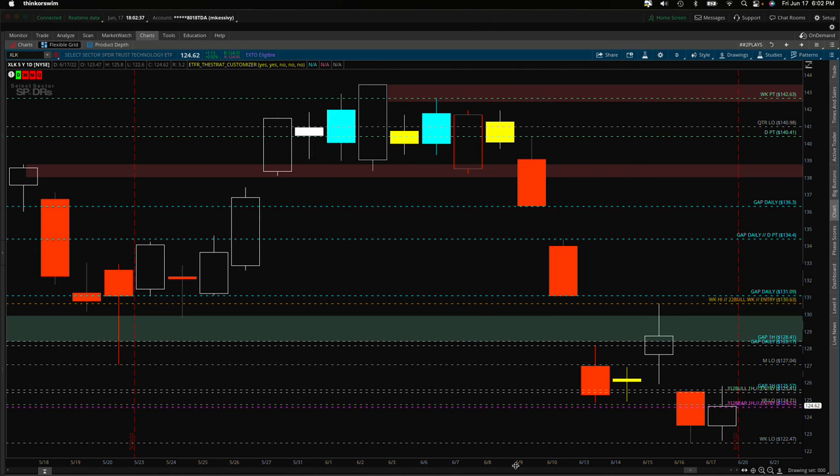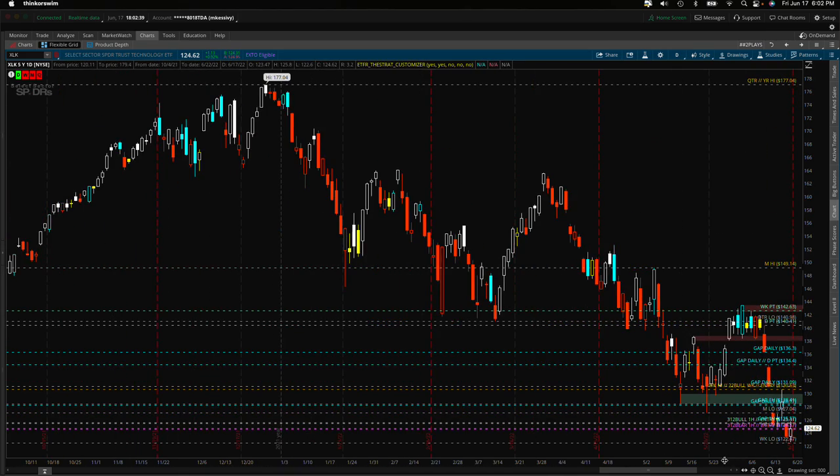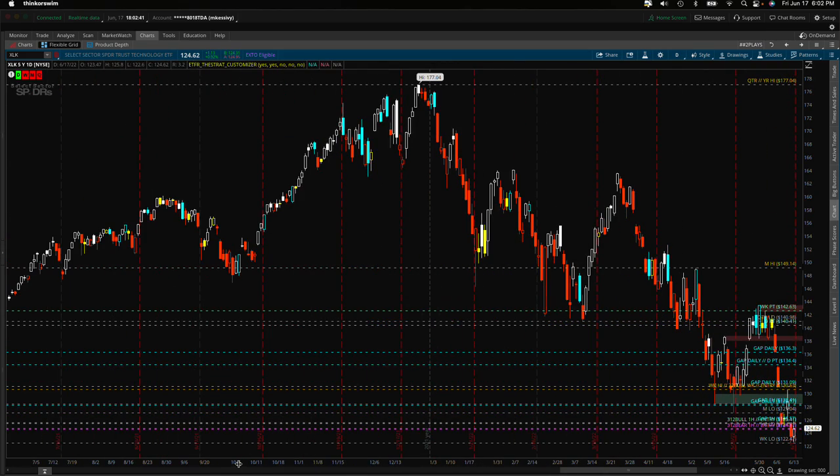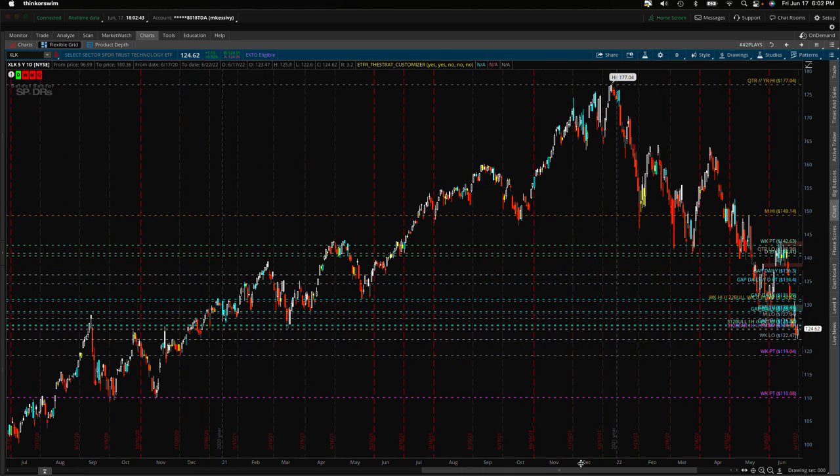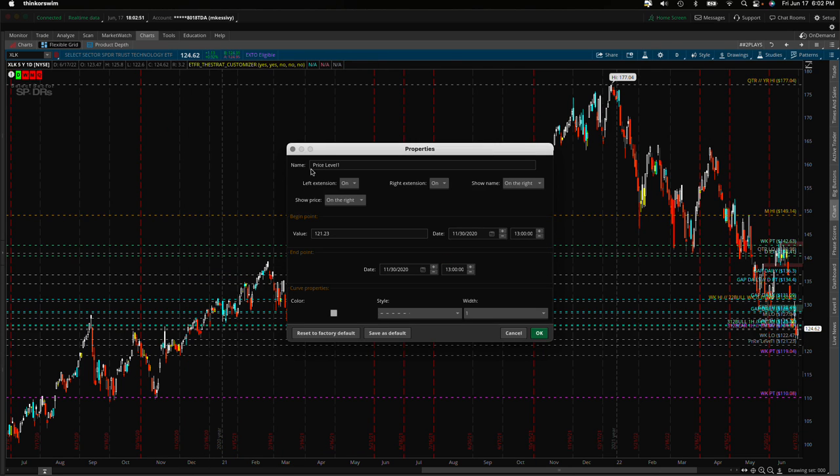Okay, looking at the downside for the daily. So we have a price target here at 121.23.